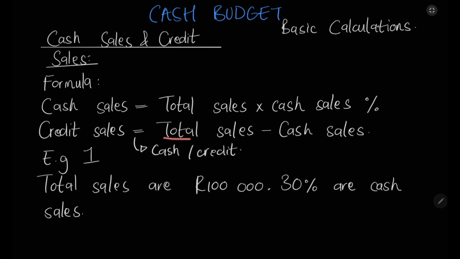Here we have our total sales, meaning we have our cash and credit combined. When you subtract our cash sales, what are we left with? Our credit sales. Credit sales plus cash sales is equal to total sales. You guys will see this in the first example.